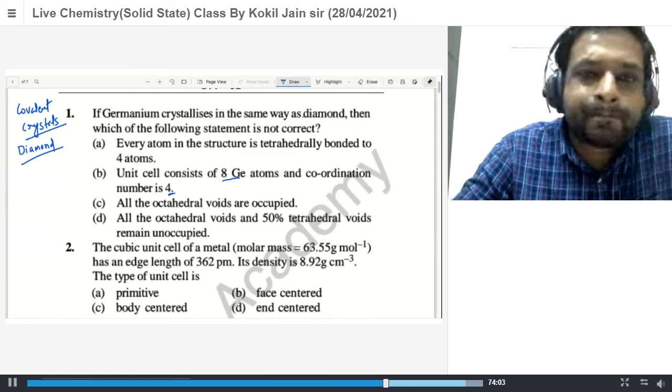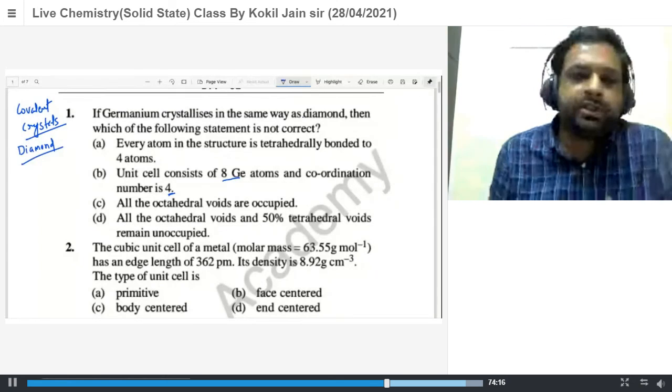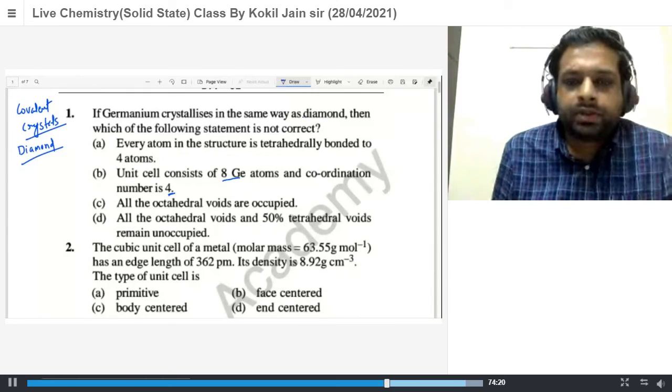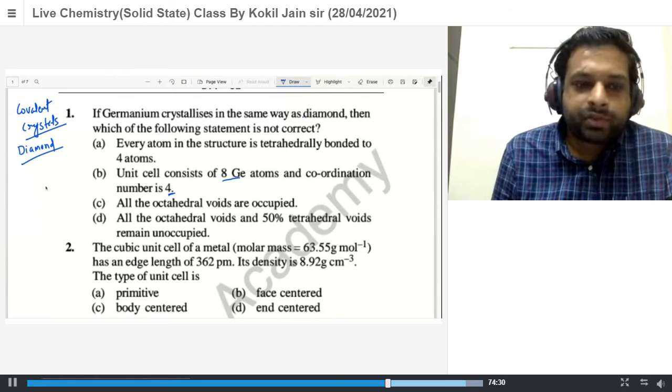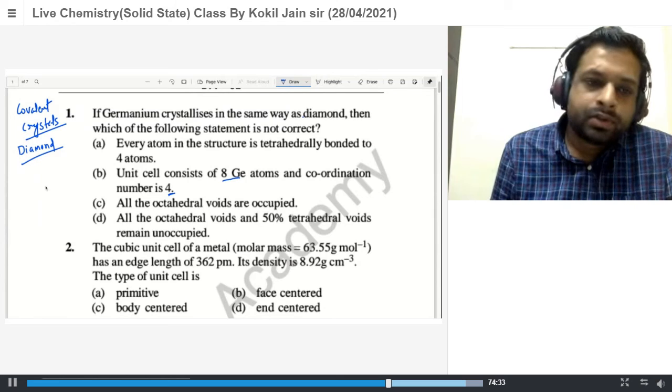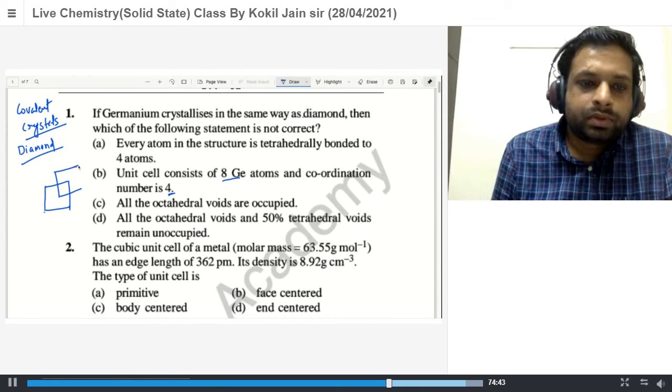See, now, let me tell you, in diamond type of structure, what happens is, you saw this FCC type of lattice.